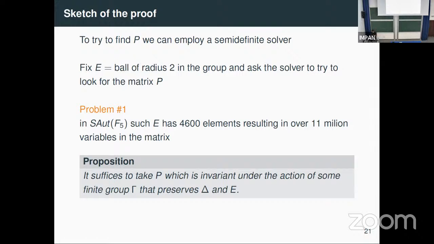There is a way to symmetrize this problem and reduce the number of variables. First of all, we can take a certain finite group that acts on the ball of radius 2 in SOF5, and it turns out that the whole problem can be considered to be invariant under the action of this group. This is done by averaging, because the group is finite.